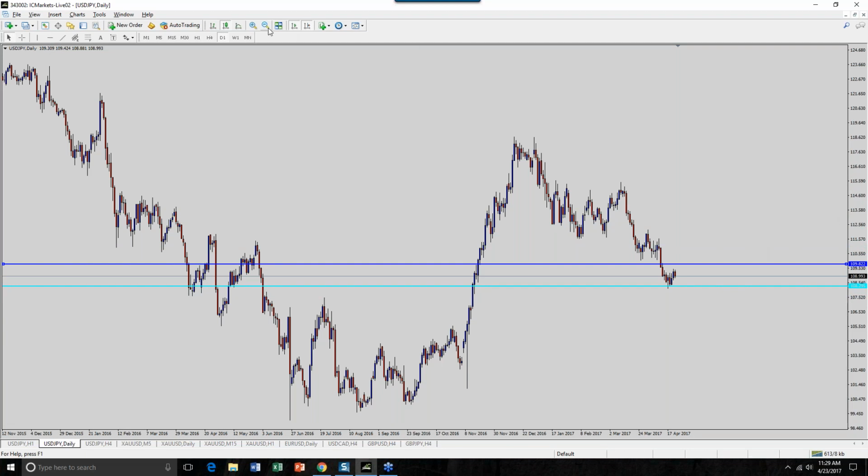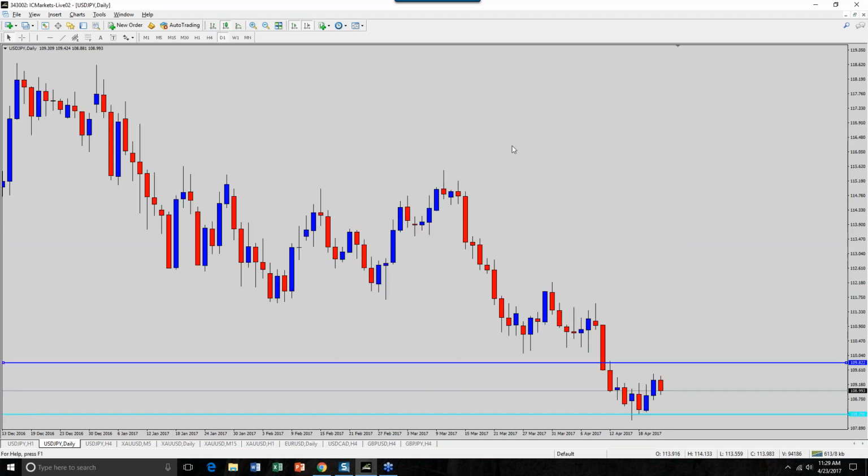When I zoom in now into the daily here, you can see we're at 108,295 and 109,822. So if you were to look at this and say, okay, what do I see? Once again, we're in the same situation which we were in on the 4 hours. So if you draw your trend line, figure out what makes the most sense. Like I said, this is very rough, but it's to give you an idea.